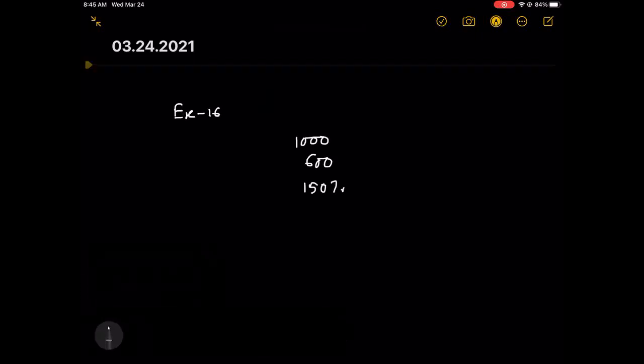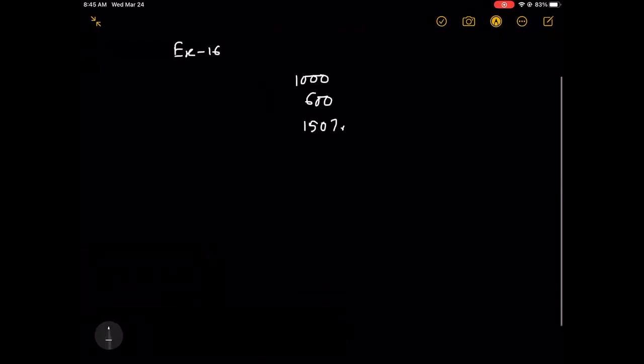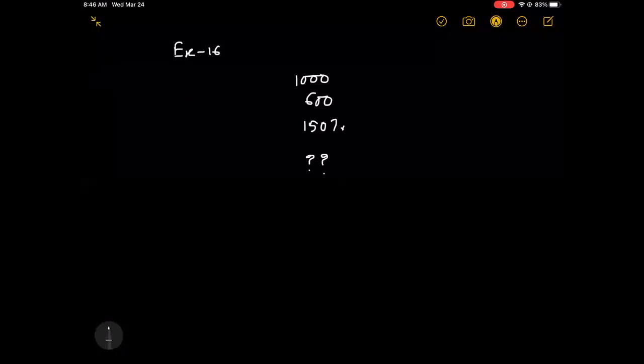And the question says calculate the next couple generations. So what are we looking for? Again, the first job is to identify and match the given data set to our known ones.